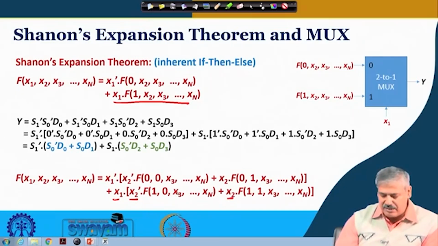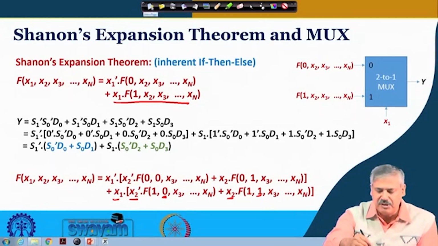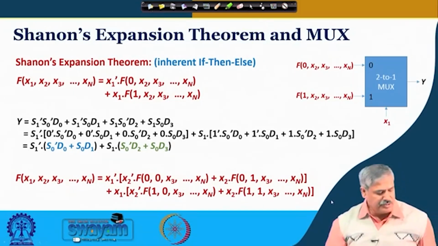Wherever x2 appears, in this case when x2 prime is taken out, 0 will be there, and when x2 is there, x1 will be there. So, this is the nested version of Shannon's expansion theorem which you have seen before. And this is equally applicable over here.